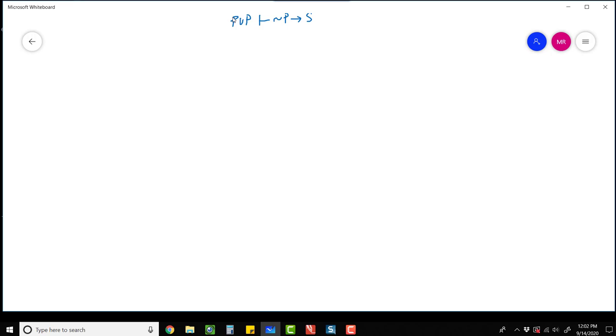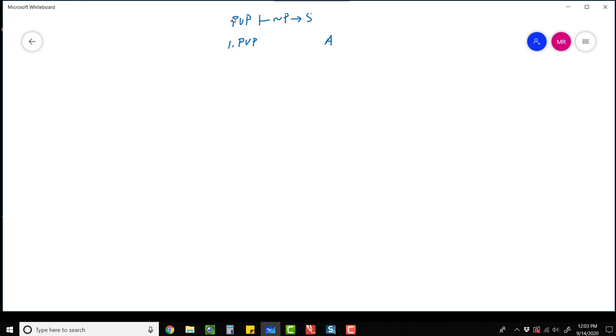All right, so let's begin by writing the assumption down, which is P or P. Now, since you've just learned negation introduction, you might be tempted to try negating the entire conclusion.